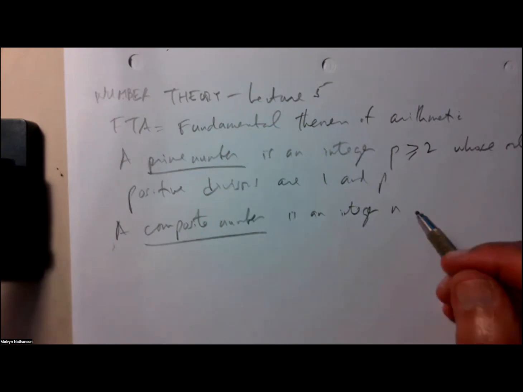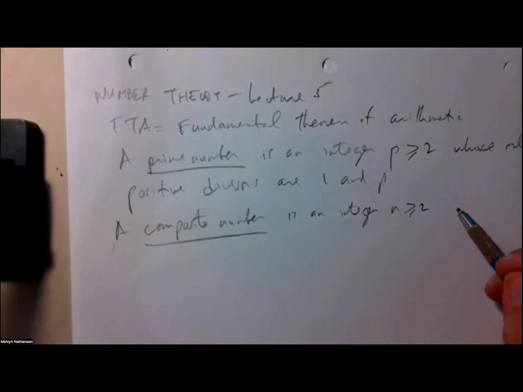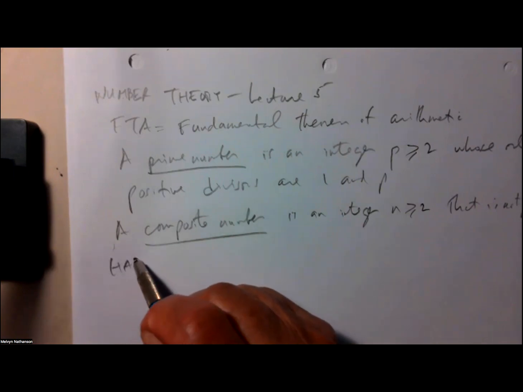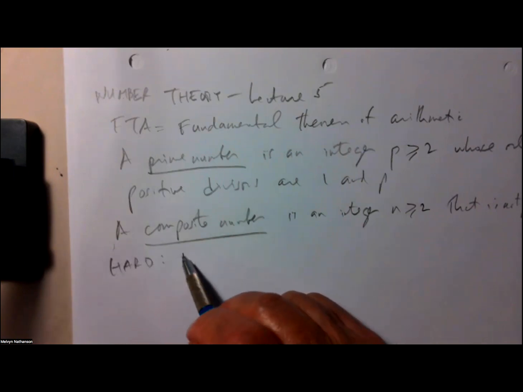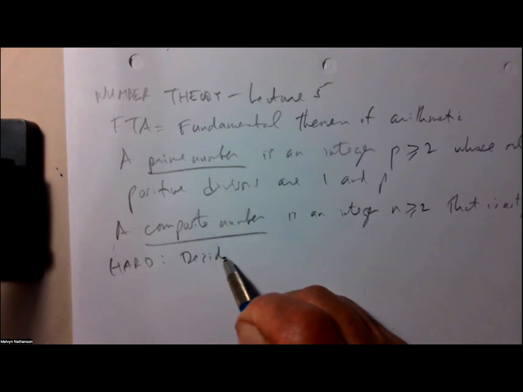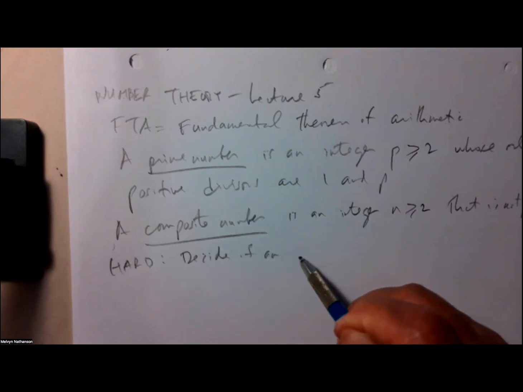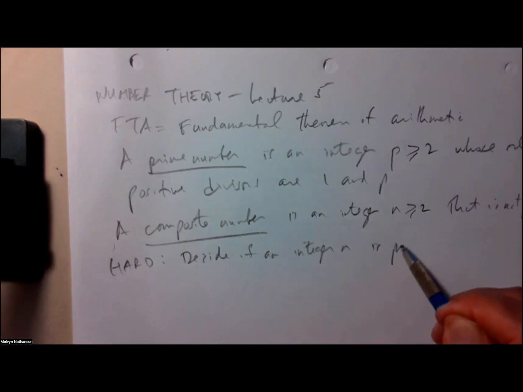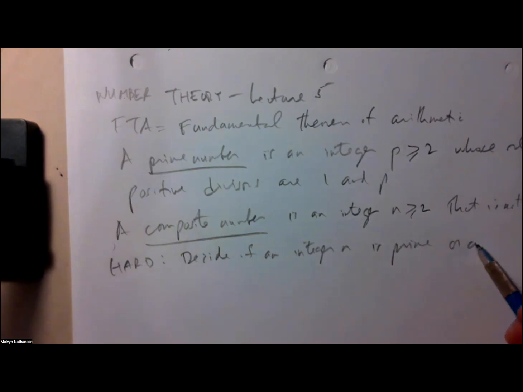A composite number is an integer n greater than or equal to 2 that is not prime. And in general, it's a hard problem to decide if an integer n is prime or composite.